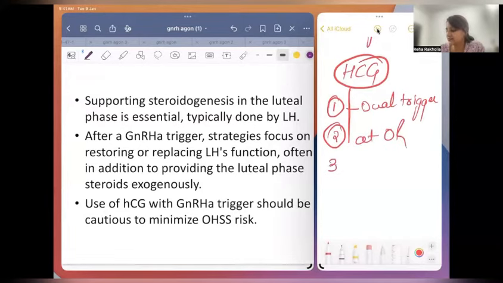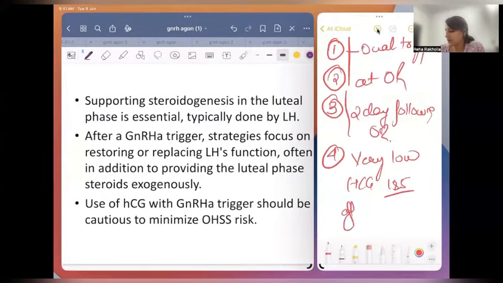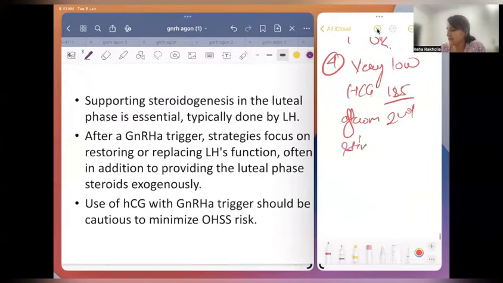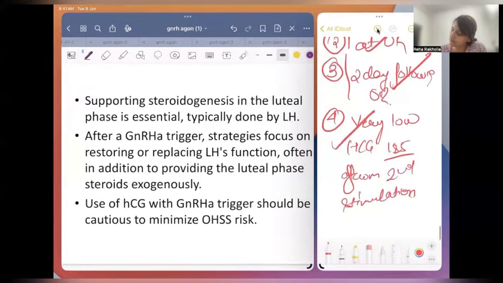Third is 2 days following oocyte retrieval. Or we can give very low dose HCG, 125, from the second day of stimulation. These are all the ways we can give HCG: dual trigger, at oocyte retrieval, 2 days following oocyte retrieval, or very low dose HCG from the second day of stimulation.